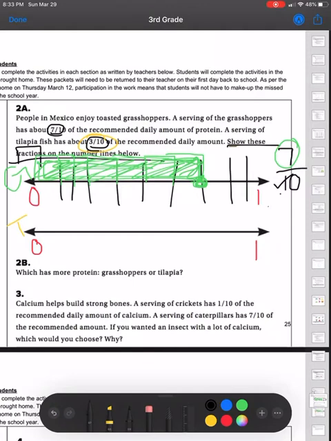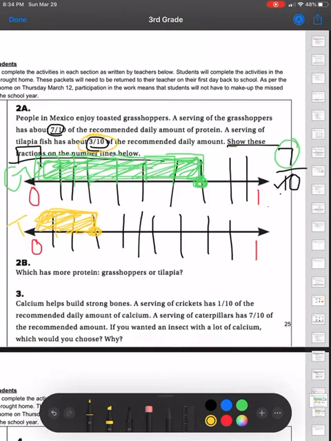So once again, I'm going to draw my 10 lines. And then I'm going to do 3. So 1, 2, 3. Draw my dot and color it.